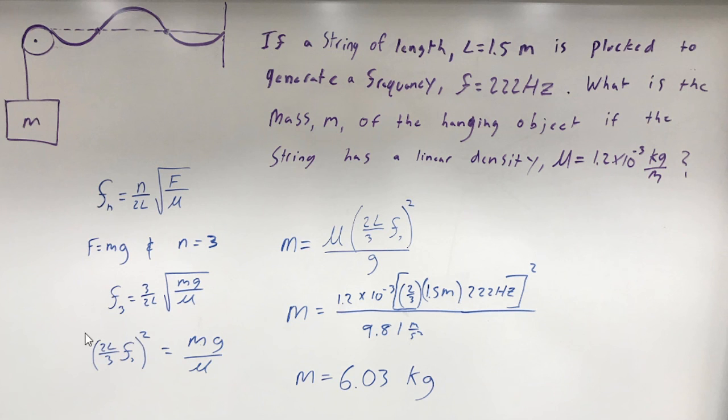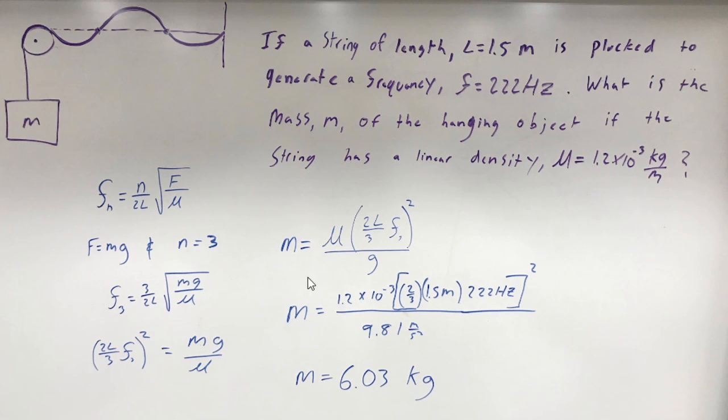So if we plug all this in, we get the frequency that this is vibrating at to create our 3 antinodes, which we're told is 222. And we'll end up with this. Doing a little math, we divide over 3/2 L, and we take the square of both sides to get rid of the square root.